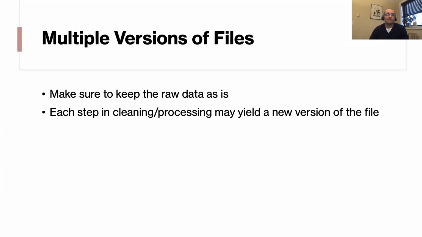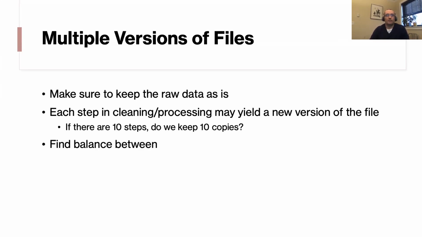What I found is each step in the cleaning and processing can yield a new version of the file. But the question is, if there are 10 steps, do we keep all 10 copies? You've got to find a balance here.